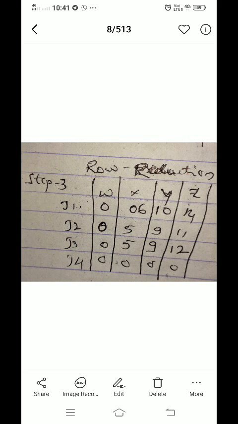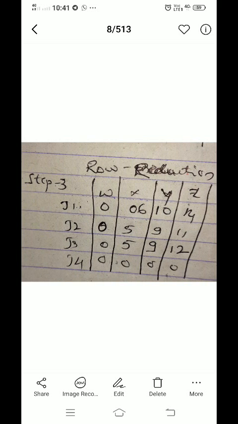Likewise, we reduce the value of 8 from j2: 8 minus 8 is 0, 13 minus 8 is 5, 17 minus 8 is 9 and 19 minus 8 is 11. Similarly for j3, 10 minus 10 is 0, 15 minus 10 is 5, 19 minus 10 is 9 and 22 minus 10 is 12. Like that we write the row reduction matrix in the third step.